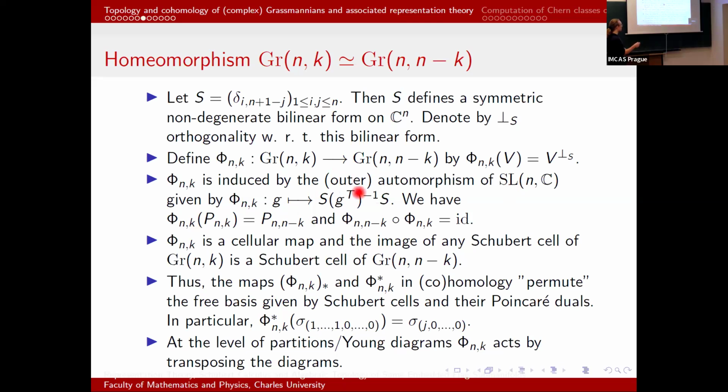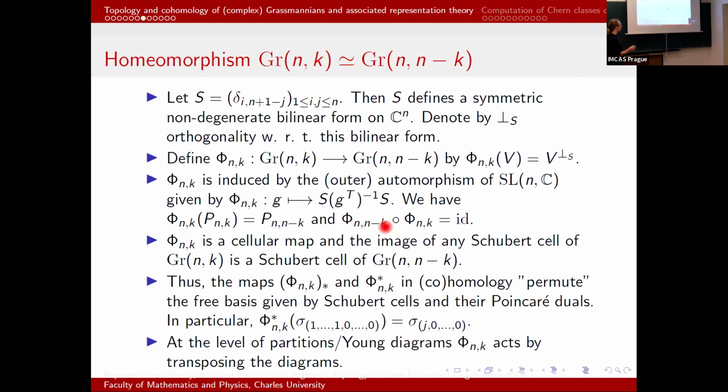So this G maps to G transpose inverse, which is actually the only non-trivial outer automorphism of SL n, and it's just conjugated by the matrix S. The homomorphism of groups maps the parabolic subgroup P n k bijectively to P n, n minus k.